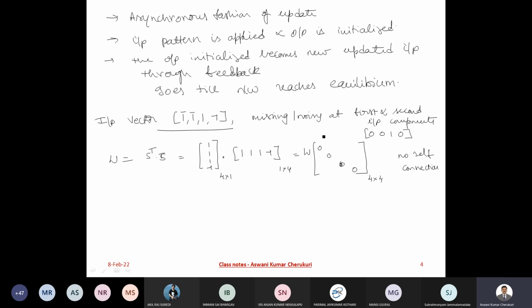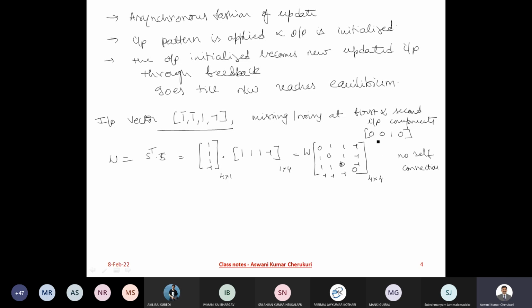Okay, so 0, 1, 1 and minus 1; 1, 0, 1 and minus 1; 1, 1, 0, minus 1; minus 1, minus 1, minus 1 and 0. Is that okay? So this is the weight matrix. So this forms your memory.